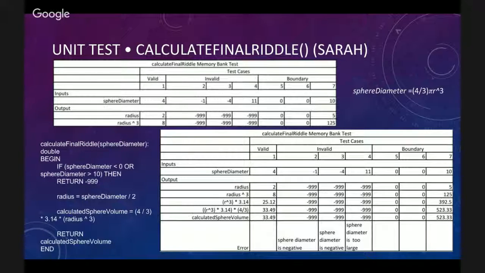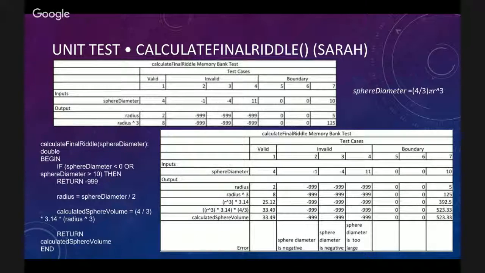Next, we get to play computer, and we run through each of the inputs outlined in our test matrix, and we do the math for each of them. As you can see in our table, the memory bank test, how each of that plays out. Our valid input gives us a perfectly reasonable answer, and we are able to see that it works.